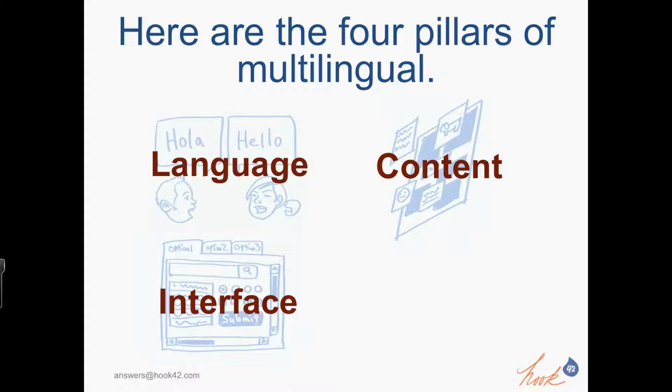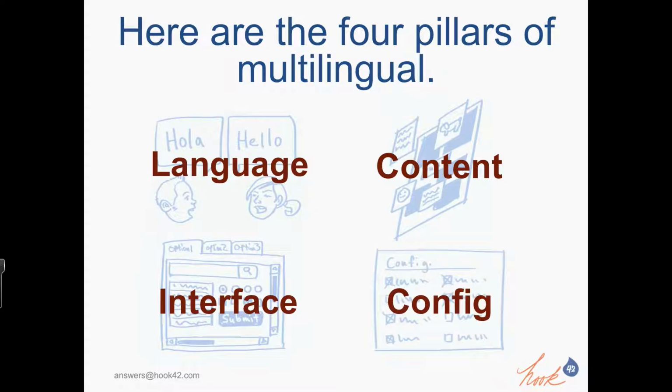Then you have your content, which is your articles, your media, your blog. That's all of the stuff you make. Then you also have your config. This is vocabulary names and views and that type of thing. Put them all together, it provides a multilingual platform for development and content creation.